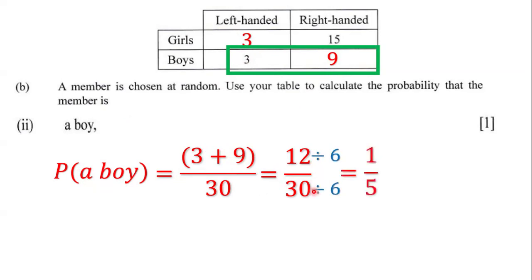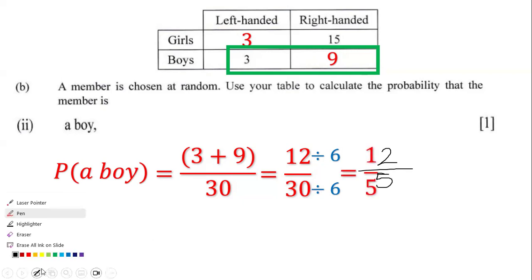And when we divide these, we divide 12 by 6. It's not supposed to be 1 over 5. When we divide 12 by 6, what do we get? We get 2. And when we divide 30 by 6, we get 5. And so it's actually 2 over 5, not 1 over 5.